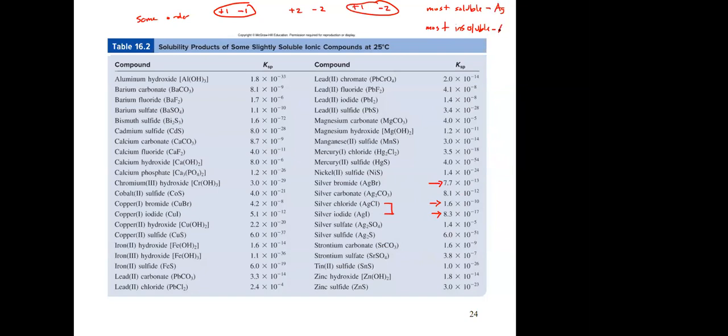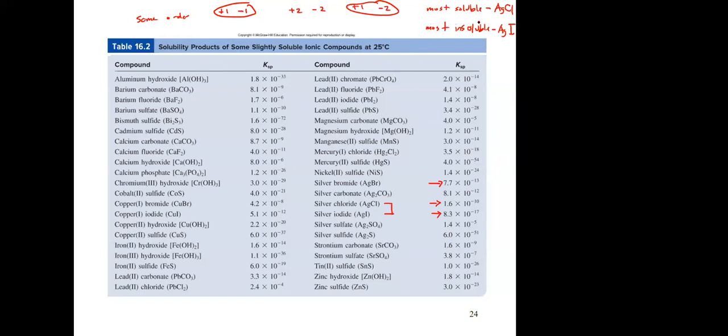Silver chloride. And the most insoluble? Which silver compound is the most insoluble among the three that I asked you to compare? Silver iodide. Okay, so silver iodide.